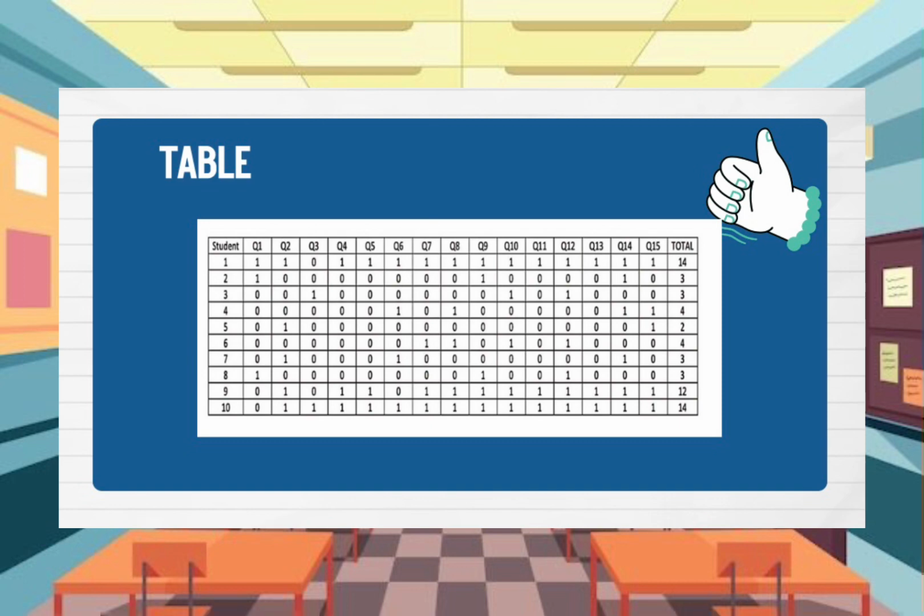We can see the first vertical line, the students, which is 10 students, and the horizontal line, the question number 1 to question number 15. Then we can see also the score, where 1 indicates a check. Then we total their overall scores so that we can use them in the formula.